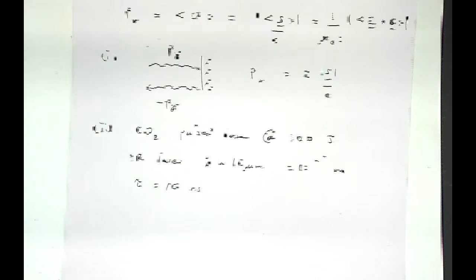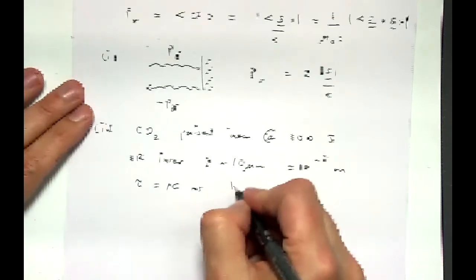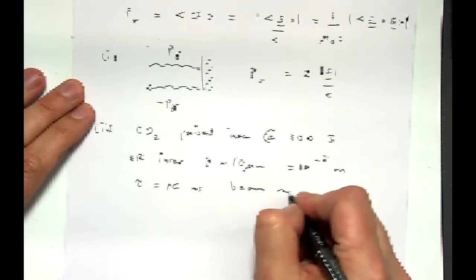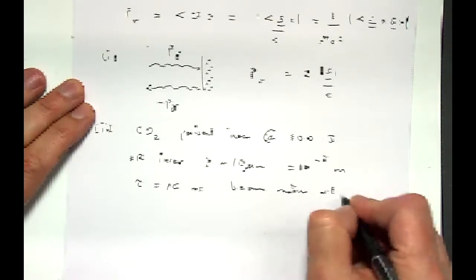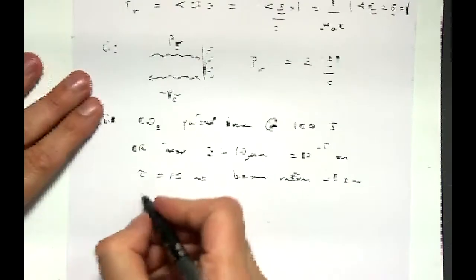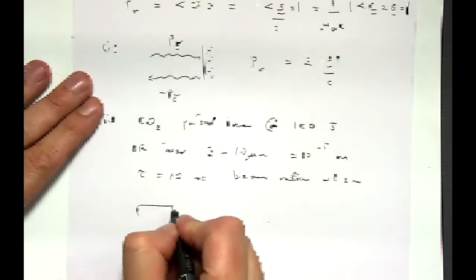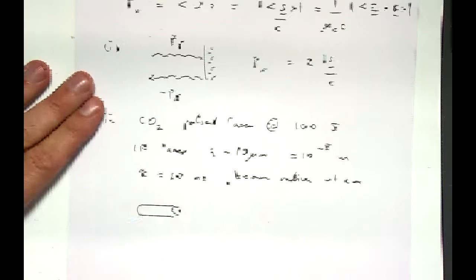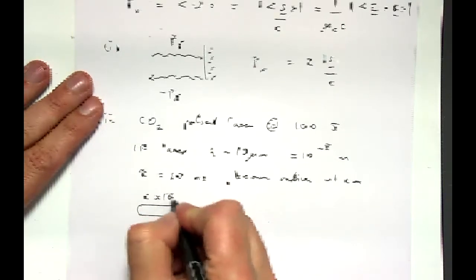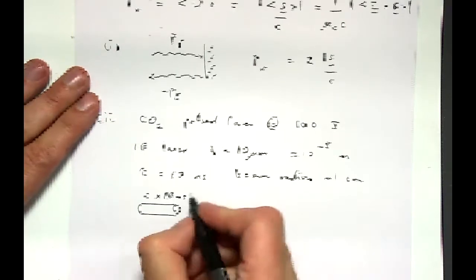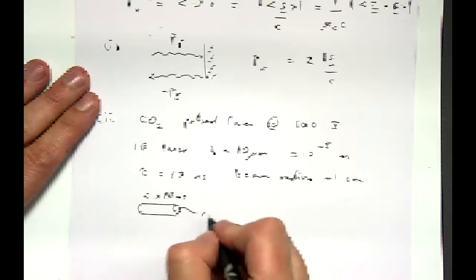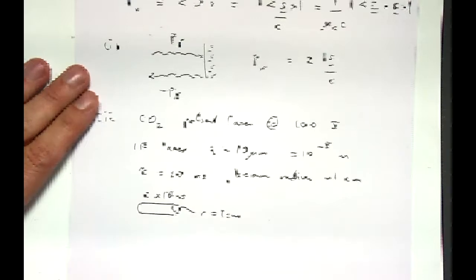And we can normally make these things so they give a beam radius. You can focus it into a spot which is of the order of a centimetre in size. So these are all realistic numbers, and it's good to have a feel for how big those realistic numbers are. So if we were to imagine an actual laser pulse travelling out of the laser, it would be c times 10 nanoseconds long, and when it strikes a surface it will do so with a radius of about 1 centimetre.